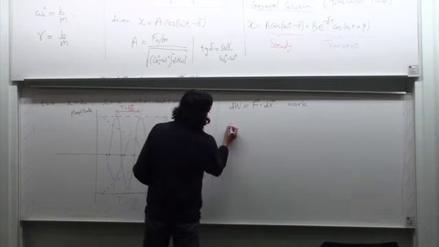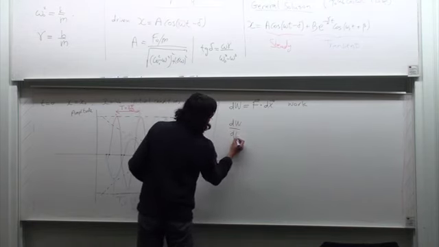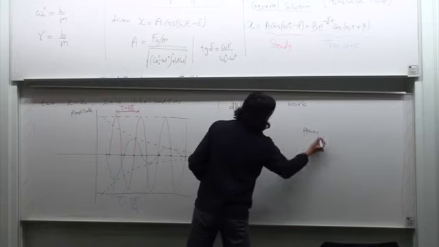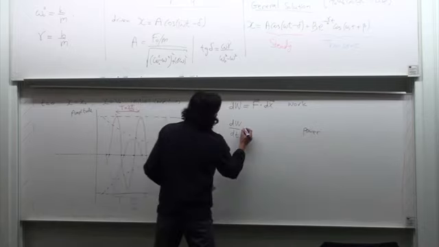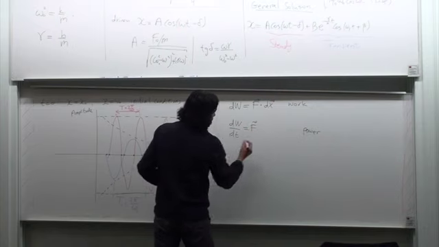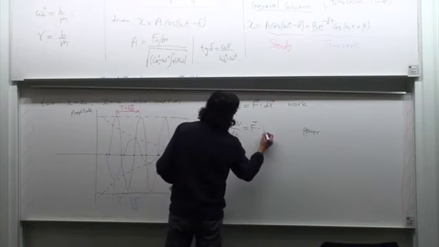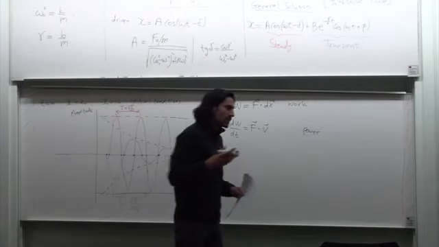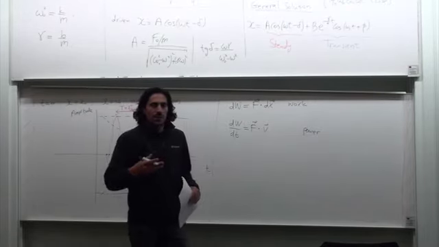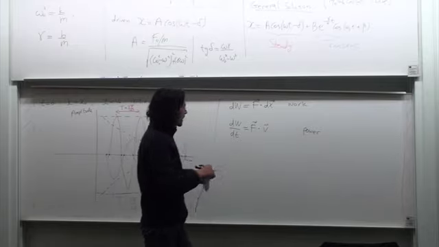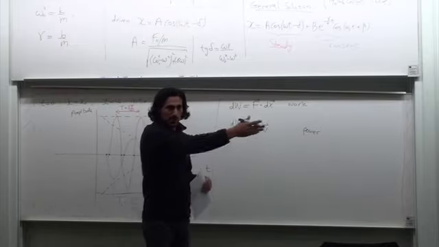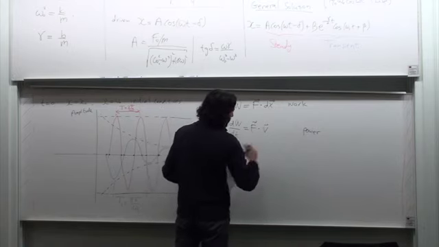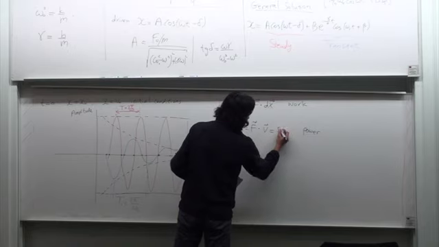So dW/dt. This is the power. So that is F dot v. It's a 1D problem. The force can be in one direction, and the velocity is in the same direction, so we can just drop the vectors and the dot product. So we have F times v.